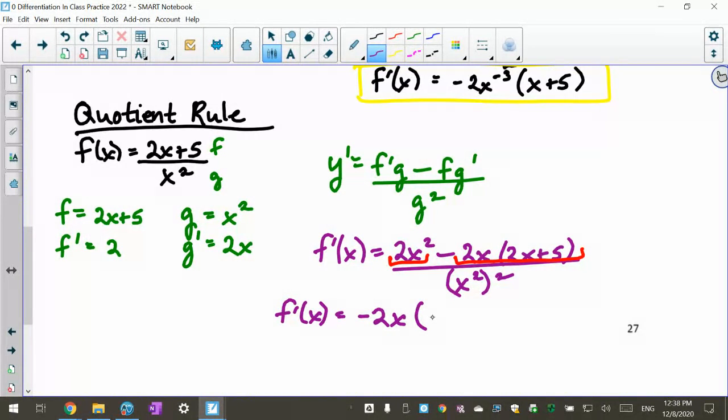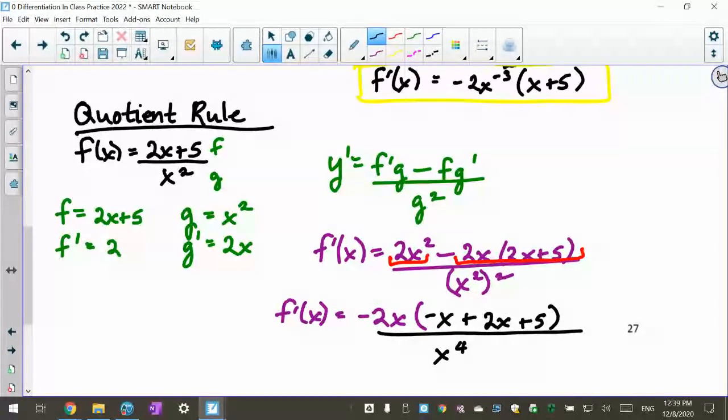What do I have left of this first term? I have a -x right here, because 2x squared divided by negative 2x is -x. Then I'm dividing, so this turns positive. This is gone. And then I have 2x plus 5 all over x to the 4th.